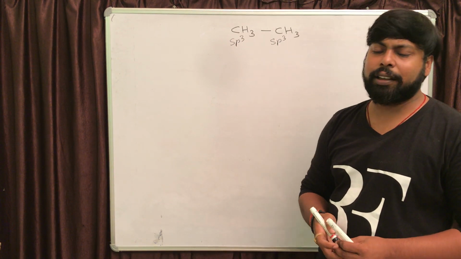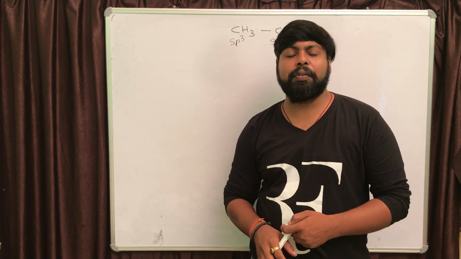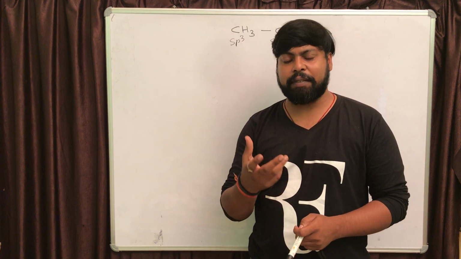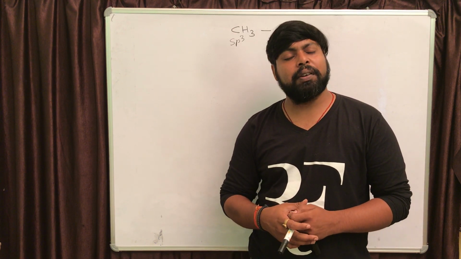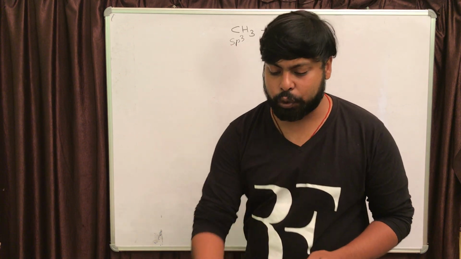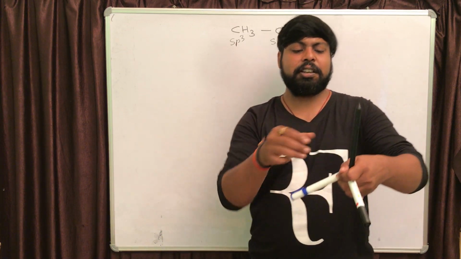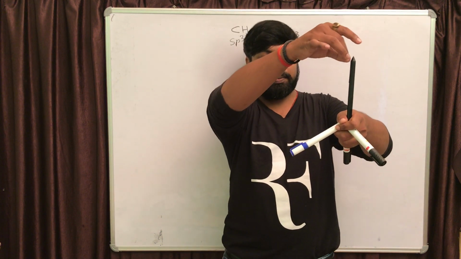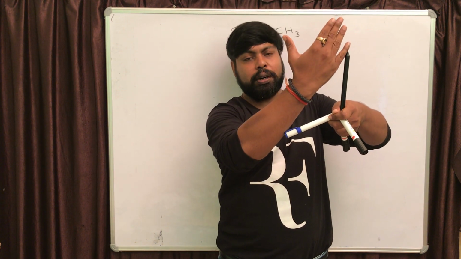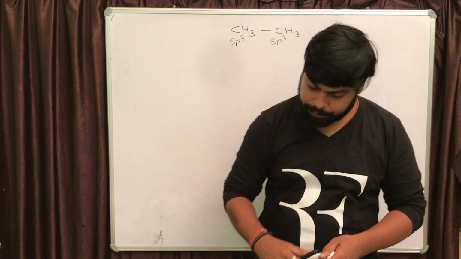The practical thing is, in tetrahedral shape, if you are drawing two covalent bonds in the plane of paper, the other two covalent bonds are going to be out of the plane of paper. This is tetrahedral shape. Let us say this above bond and this blue pen are two covalent bonds. If you are drawing these two covalent bonds in the plane of paper, the rest of two covalent bonds will be out of the plane.